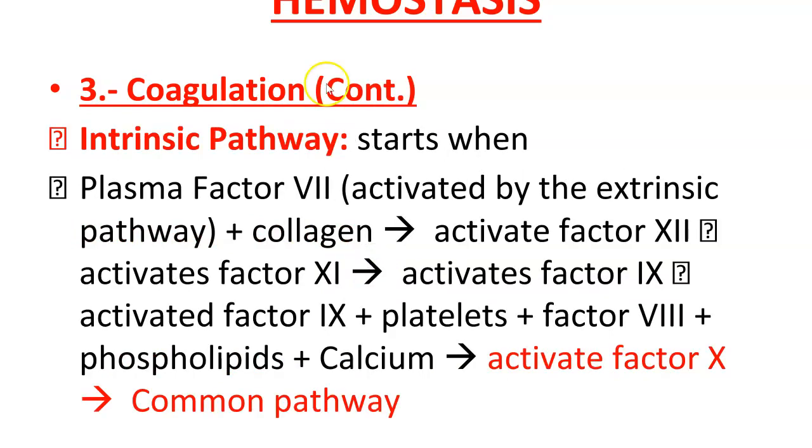Remember, we mentioned there were two pathways, the intrinsic and the extrinsic pathway. We saw the extrinsic pathway, and if you noted, there were very few steps, about 3 steps. The intrinsic pathway is longer, and it takes more time to complete. However, it will produce more clotting factors at the end.